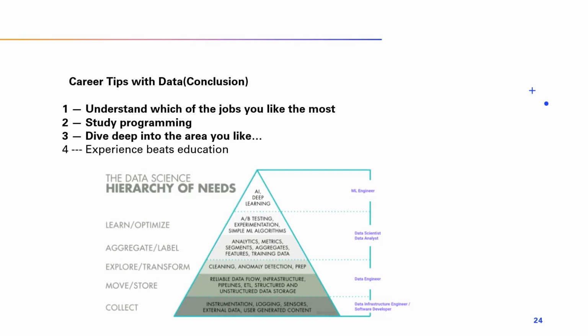So understand your interest first, and then decide which area you can go into, and then start programming, like I told, SQL, Python. This would work as a base for your career. And then from there you can move into any role as you want.